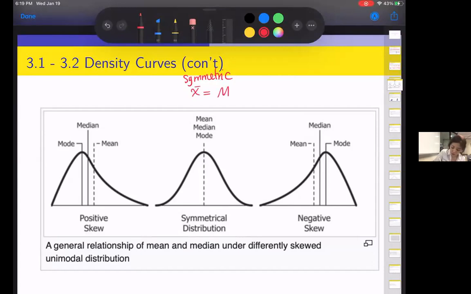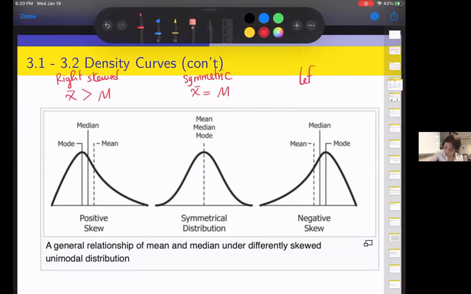If it's right skew, then the mean is larger than the median, which just makes sense, right? If it's right skew, then you have large values at the right tail of the data set. So when you average them out, the result is big, so it's bigger than the middle value.